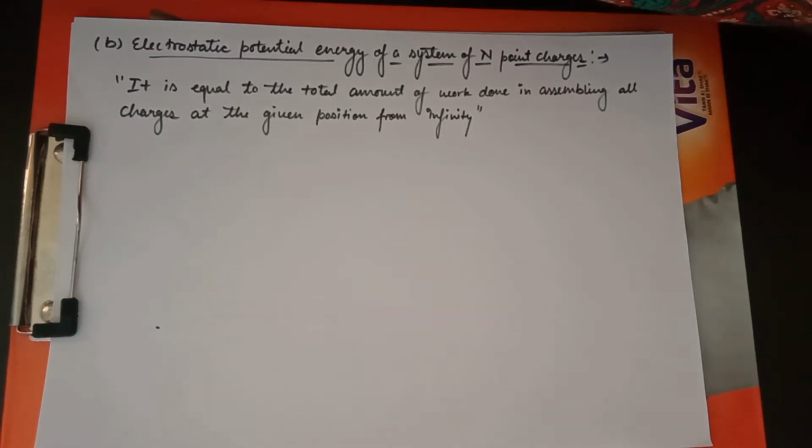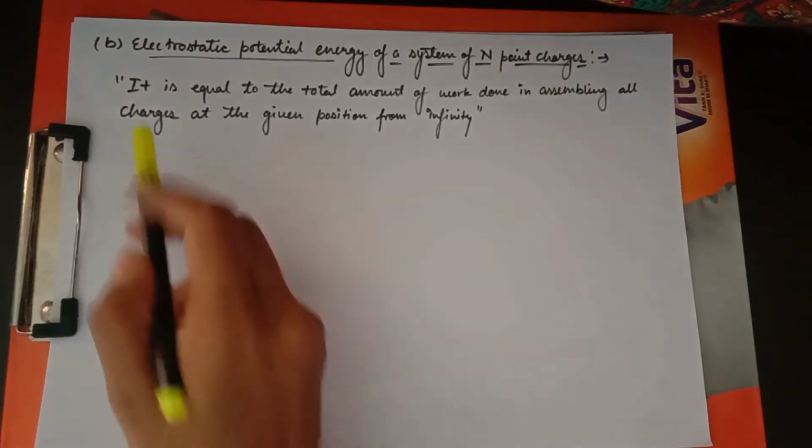So now here we have n number of charges with us. So first we will calculate the work done to bring charge number 1 from infinity. Then we will calculate the work done to bring charge number 2 from infinity, and so on. And lastly, we will calculate the work done to carry charge number n from infinity to that point, and finally we will add them all.